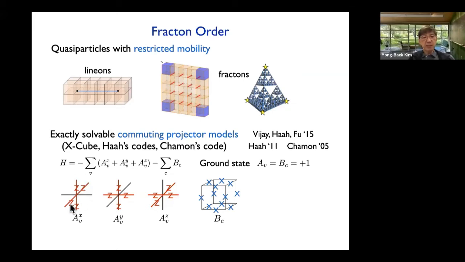At each link of the lattice in the YZ plane, you place a Z component of the Pauli matrix. So you have a product of 4 Z components of spin operators. And you can do the same for the XZ plane and the XY plane. So there are 3 kinds of 4-spin interaction terms like that.